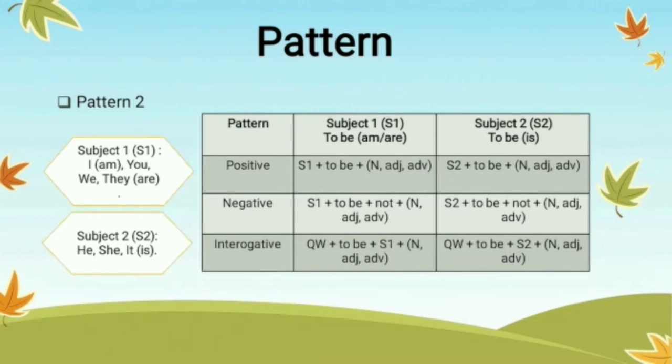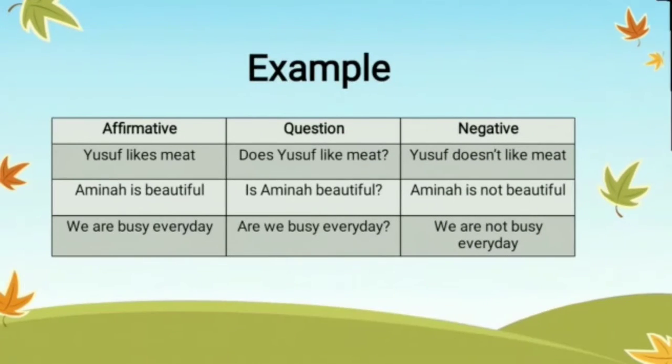And to form a simple present interrogative tense sentence, the formula is question word plus to be plus subject plus noun, adjective, or adverb.